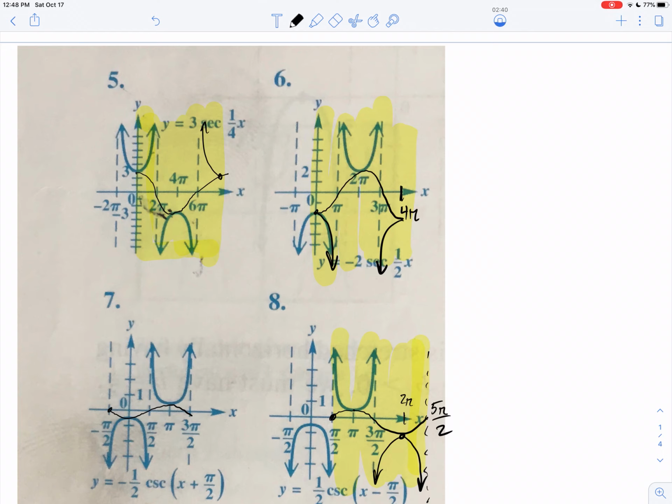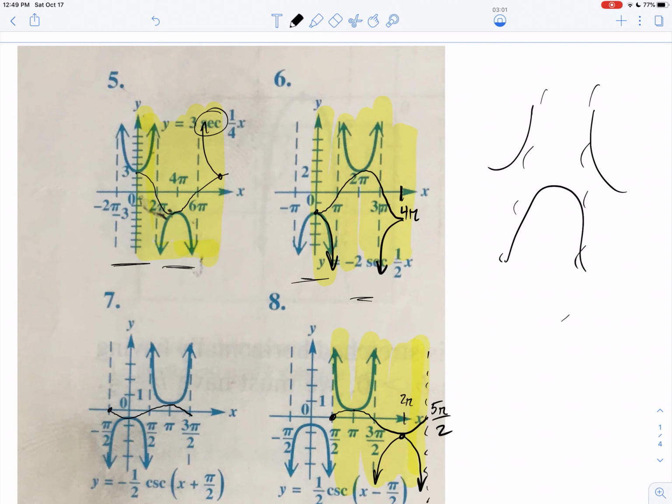For some reason, whoever made this answer key wanted every answer to look like you up, you down, you down, you up. But we know that when we're graphing a secant, the graph has that look where two of them are on the outskirts and one is in the middle between the asymptotes. We have that type of look if we graph one period of the function.